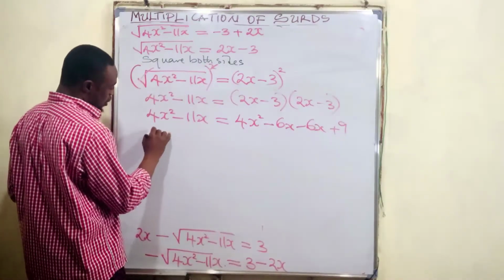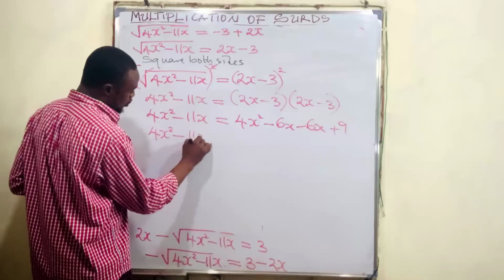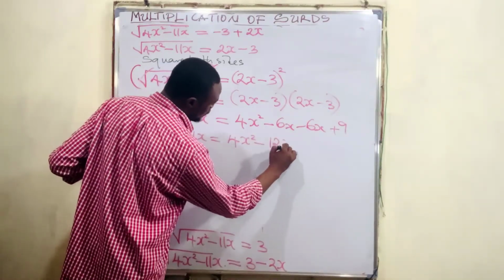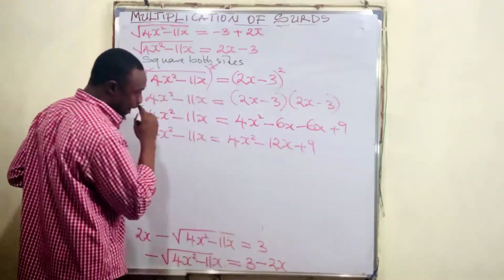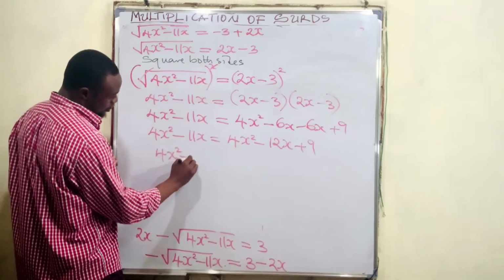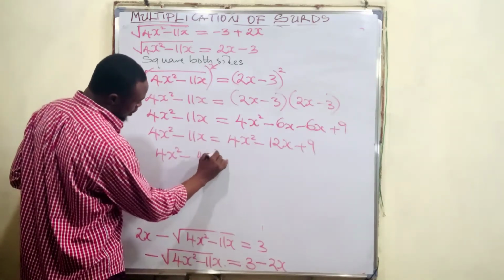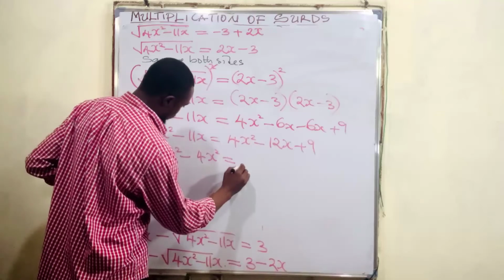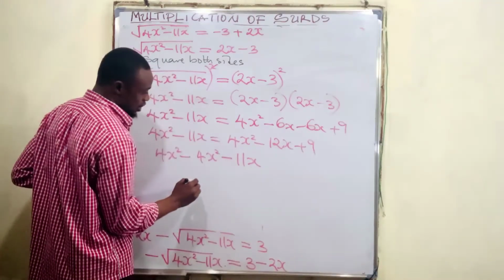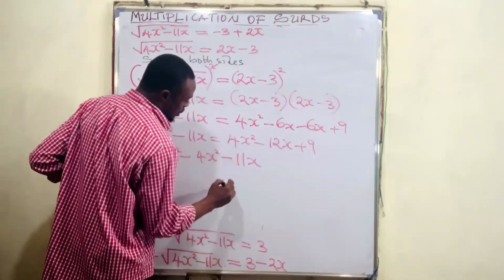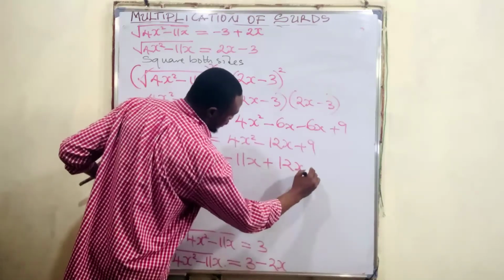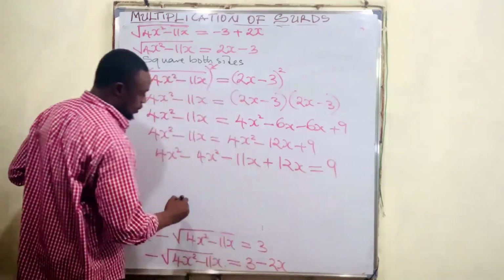Okay, so this is now 4x squared minus 11x to be equal to 4x squared minus 12x plus 9. So if 4x squared crosses the equality sign, we have 4x squared minus 4x squared, and minus 11x; minus 12x crosses the equality sign, minus 12x plus 12x to be equal to 9.